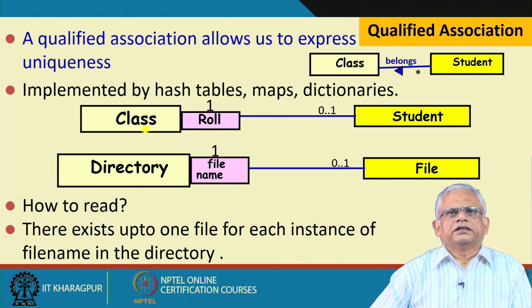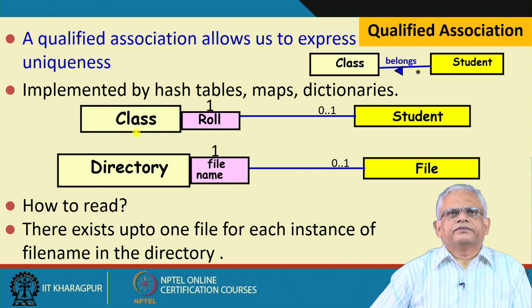Or a directory has many files, but given a file name, there can be at most one file in the directory. Let us first see how to read this, then we will see slightly more details of this.